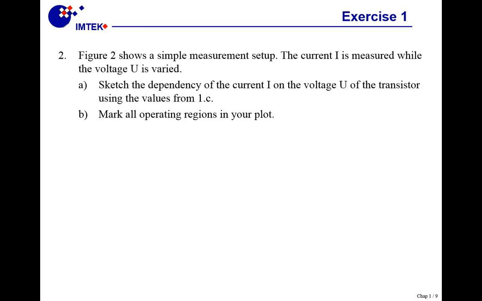Again, to continue with part number 3, actually there is a mistake only here in the slides. So this is exercise 3 and this is figure 3. It shows a simple measurement setup. The current I is measured while the voltage U is varying. The measurement setup looks like this. You have a transistor.